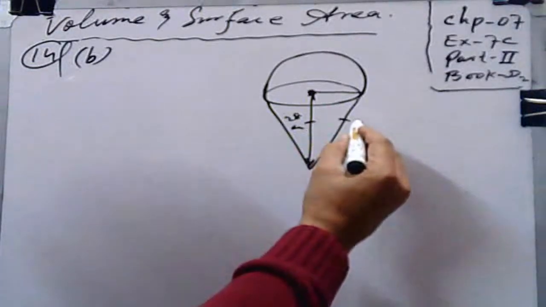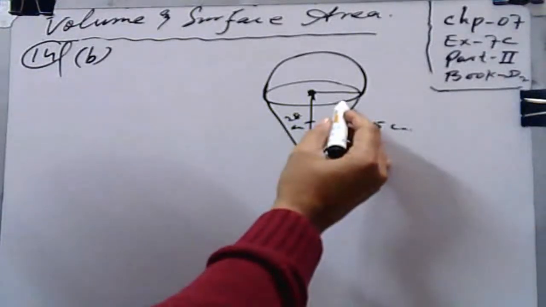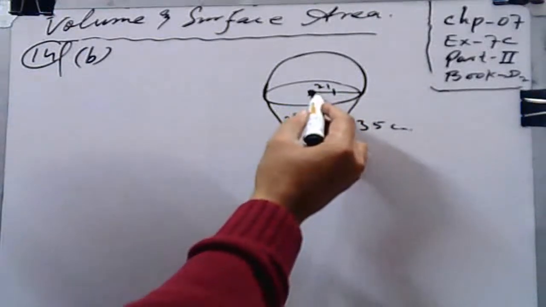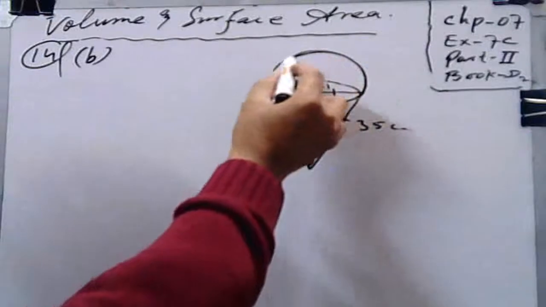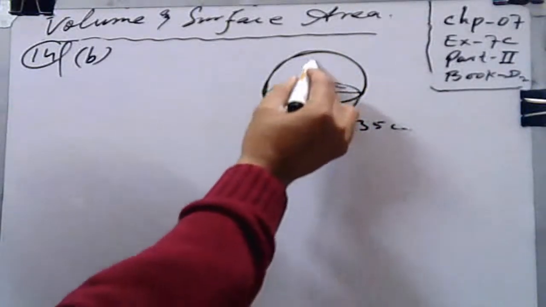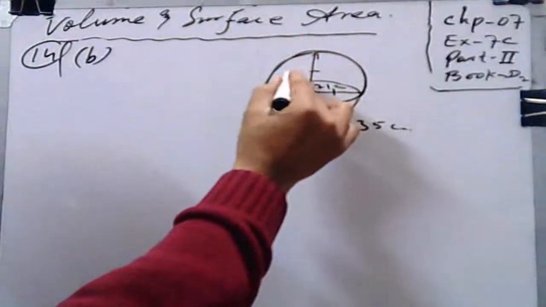So you can see the radius, that is 21 centimeter. This one is also your 21 centimeter because radius is same. This one is also 21 centimeter. So this is your given figure, and we have to find the volume and surface area of the given figure by the similar method.